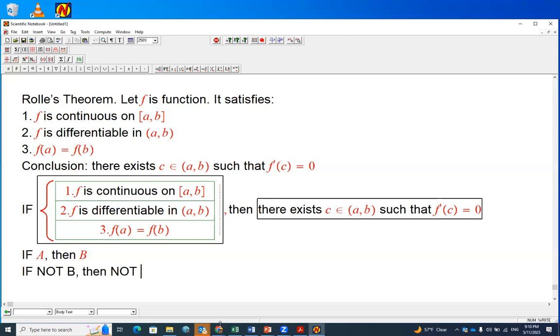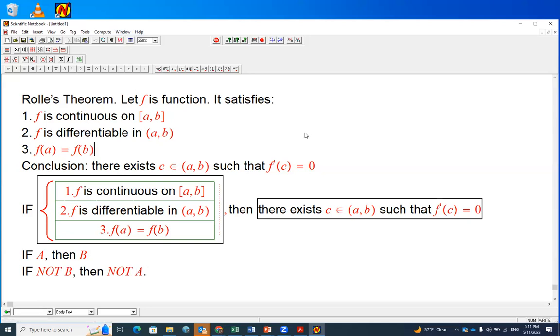Then not A. If this is true, then if not B, then not A. Now, let's see, what kind of situation do we have here?